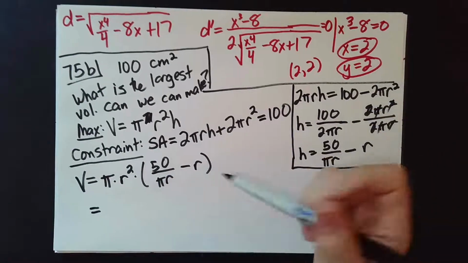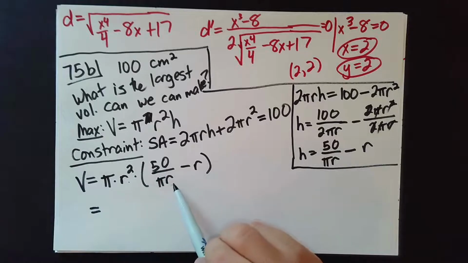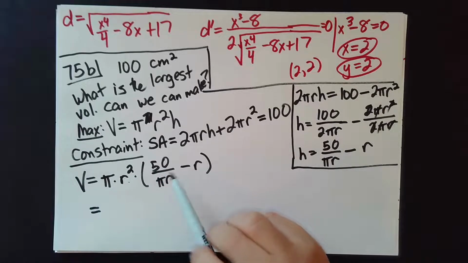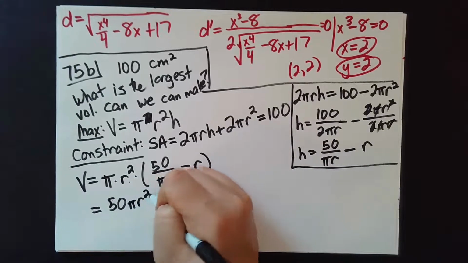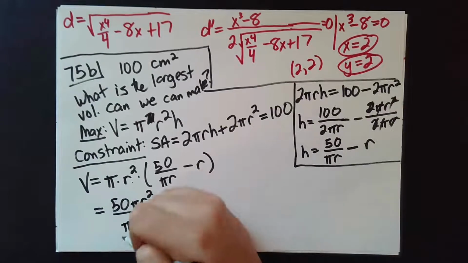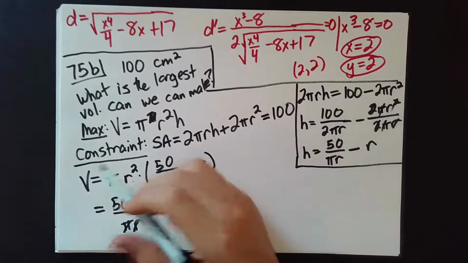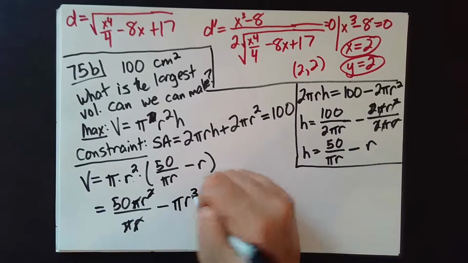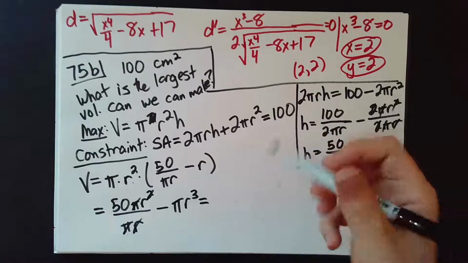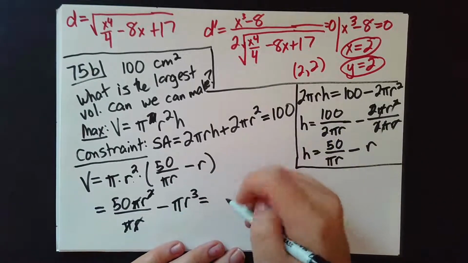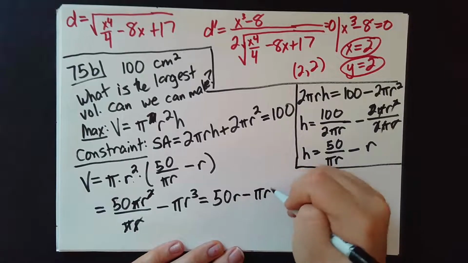And if I do that, I'll get pi r squared times 50 over pi r, that will work out to be this, and then minus what will just be pi r cubed. So the volume here, just to spell that out more cleanly, is 50r minus pi r cubed.